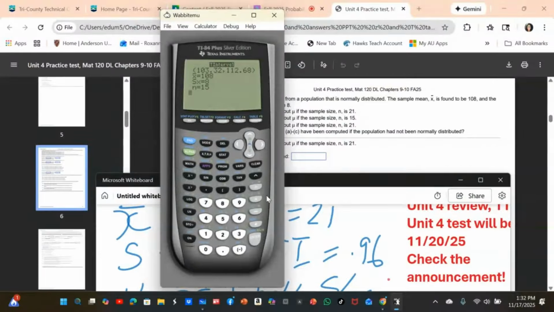The margin of error right now is approximately 4.7. So the margin of error increased when the sample size decreased.